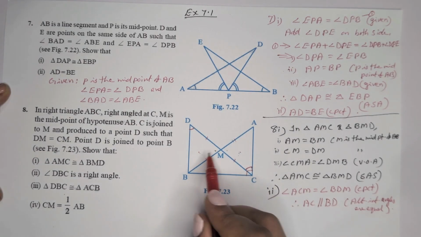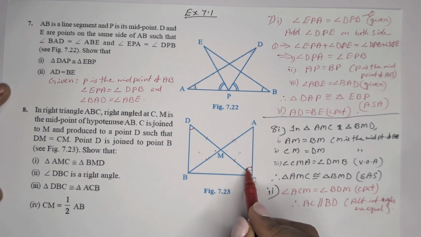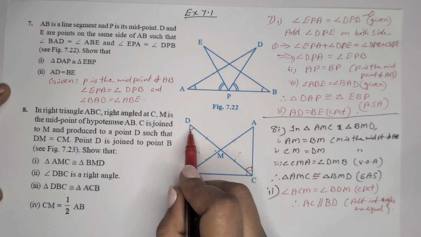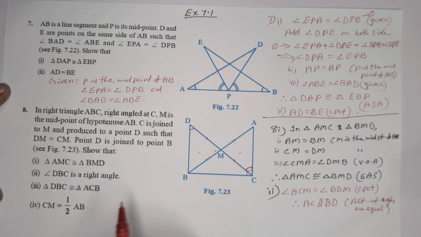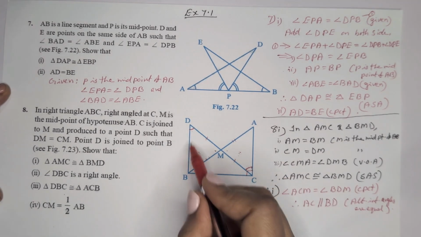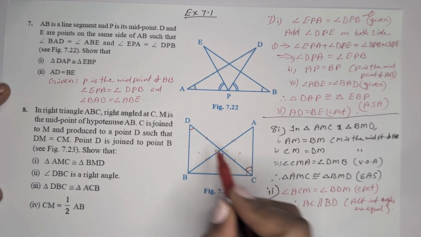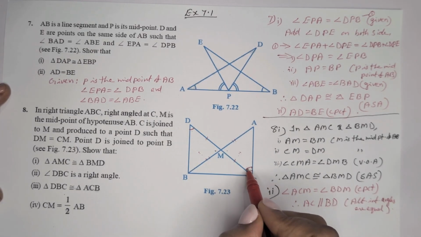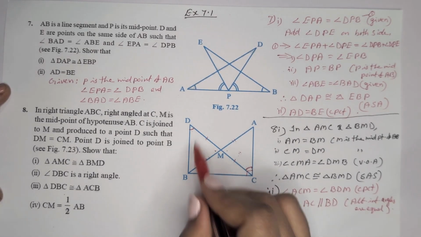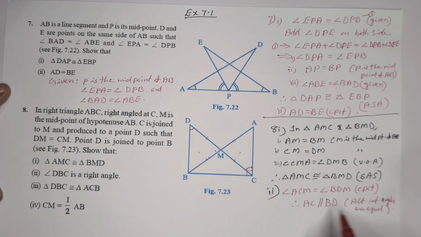From these two triangles being congruent, by CPCT these two angles are equal. If these two angles are equal, we can say these two lines are parallel. That means AC parallel to BD. These are the alternate interior angles. If alternate interior angles are equal, then we can write AC parallel to BD. Reason is alternate interior angles are equal.